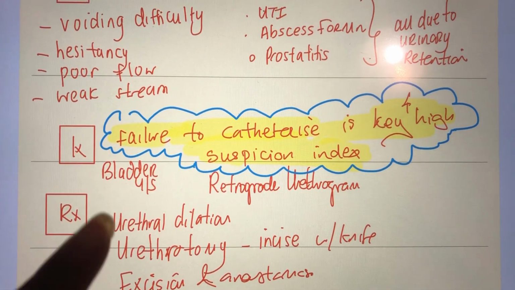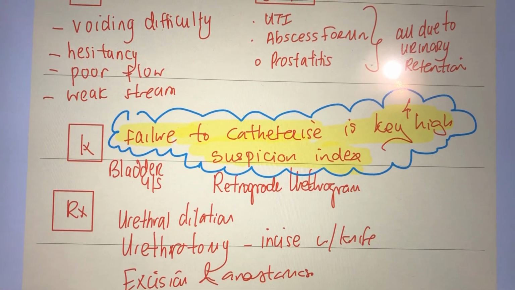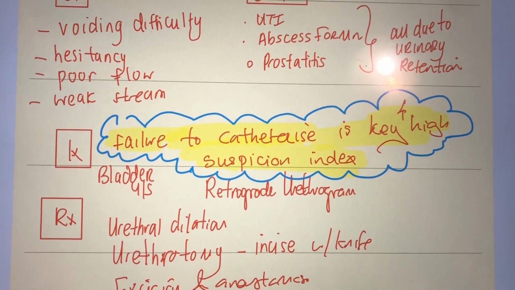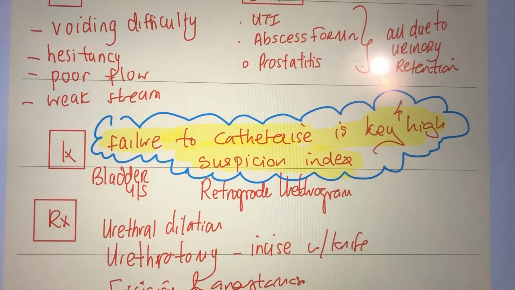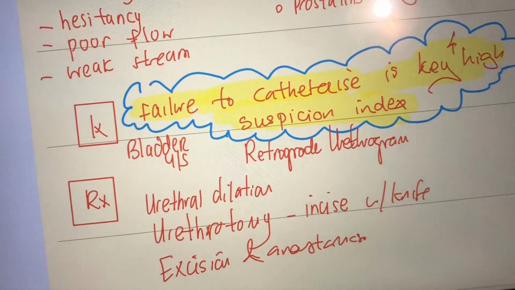So failure to catheterize these patients is a key suspicious marker for a stricture. Failure to catheterize, because imagine there's a stricture and it's essentially obstructing the urine outflow.